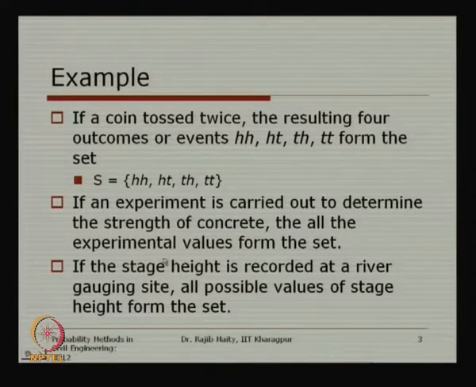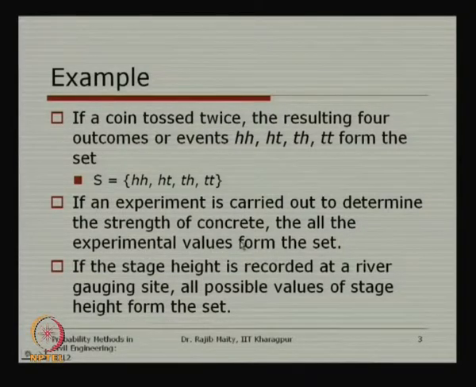In another example, the stage height, generally we measure the stage height at a river gauging site. If we take the stage height at a particular gauging site, then all possible values of the stage height form a set. Here you can see that these can have any value depending on the feasible range.